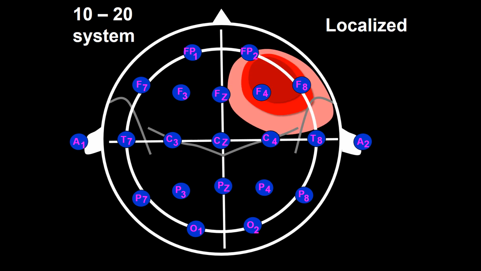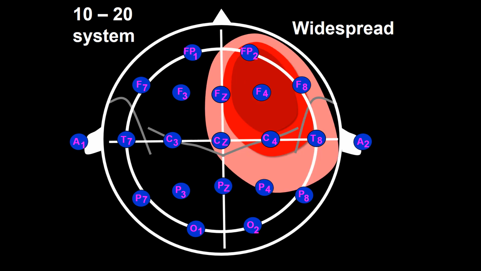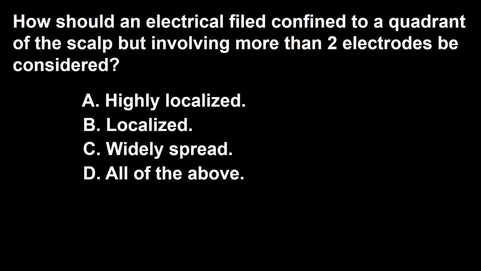A localized field is usually referred to as the field confined to one quadrant but involving more than two electrodes. A widespread field usually refers to a field extending beyond one quadrant. So the answer to this question is B.